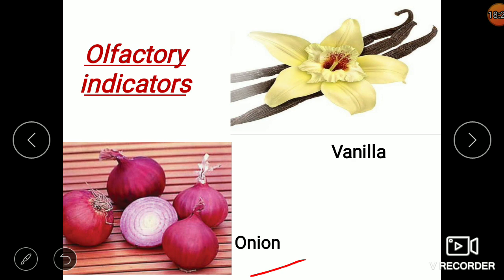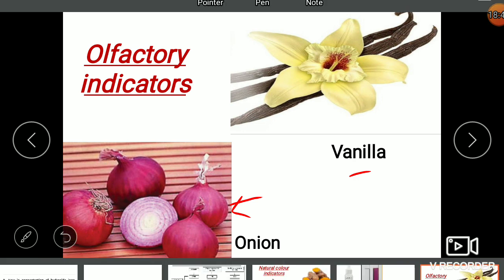Onion retains its smell in the acidic medium, but the smell diminishes if you add base over it, or if you add the onion in the basic solution, the smell will go. Now about vanilla. Vanilla retains the smell in acidic medium, but in base it changes its smell.